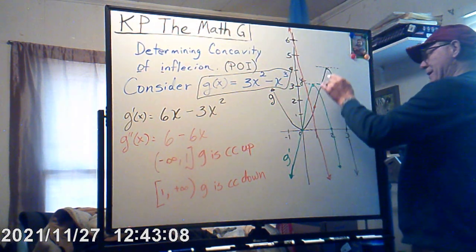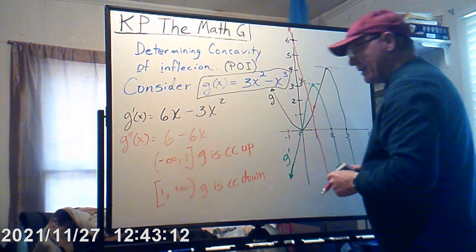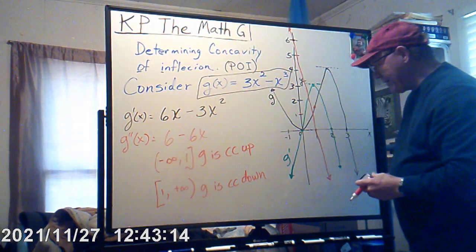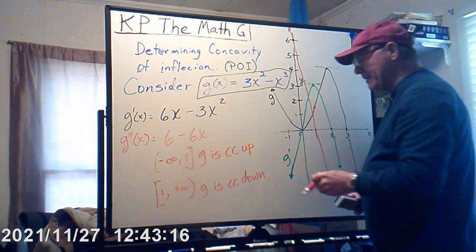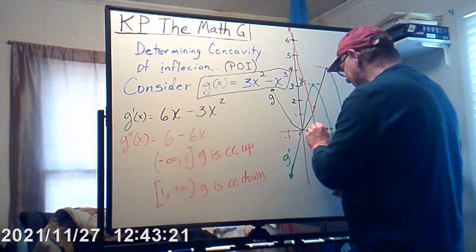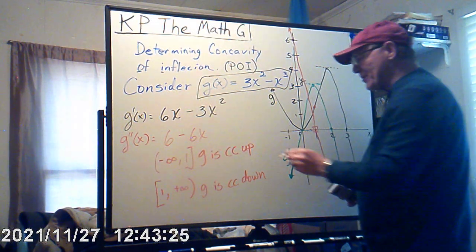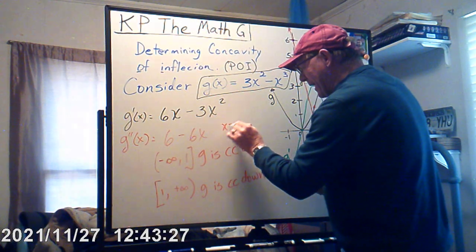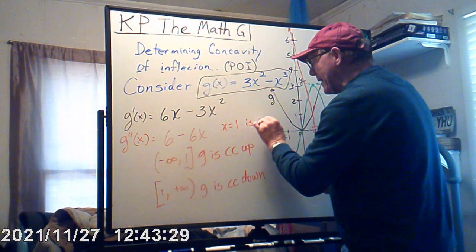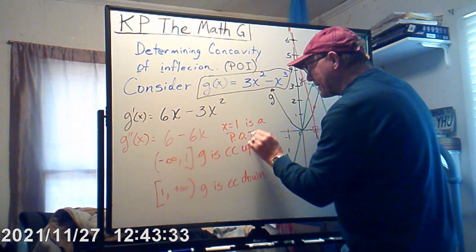If we look at G right here, it is concave down. Okay, and we do have a point of inflection. We found that it crosses the x-axis at x equals 1. So x equals 1 is a point of inflection.